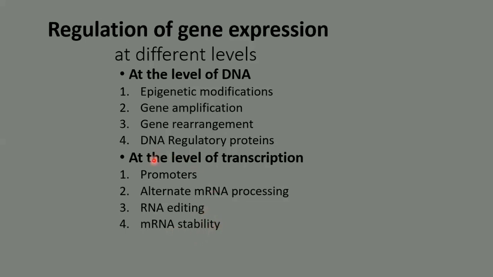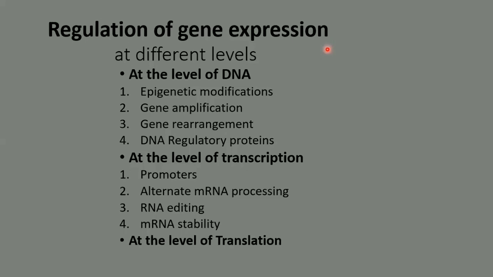All these will affect the regulation of gene expression, and there is even regulation at the level of translation. Of this, transcription is a common control point for regulation of gene expression, but there are many steps involved in this. Okay, so these are the different ways how regulation of gene expression occurs in eukaryotes.